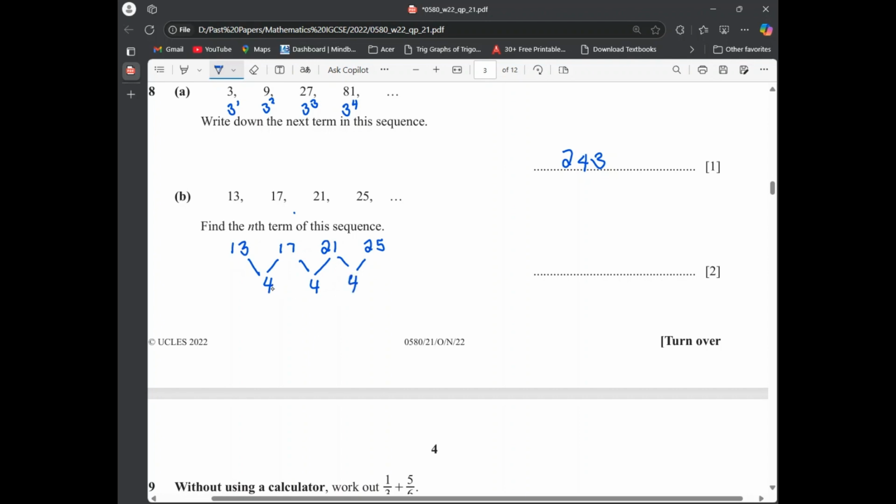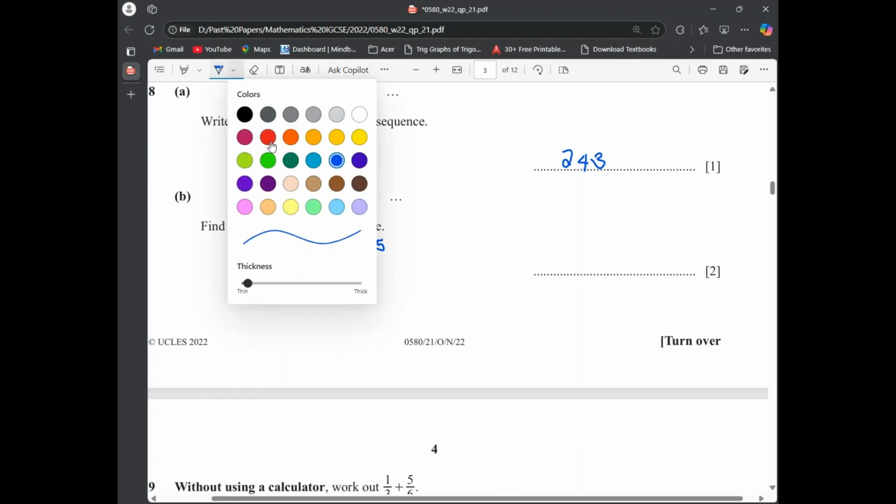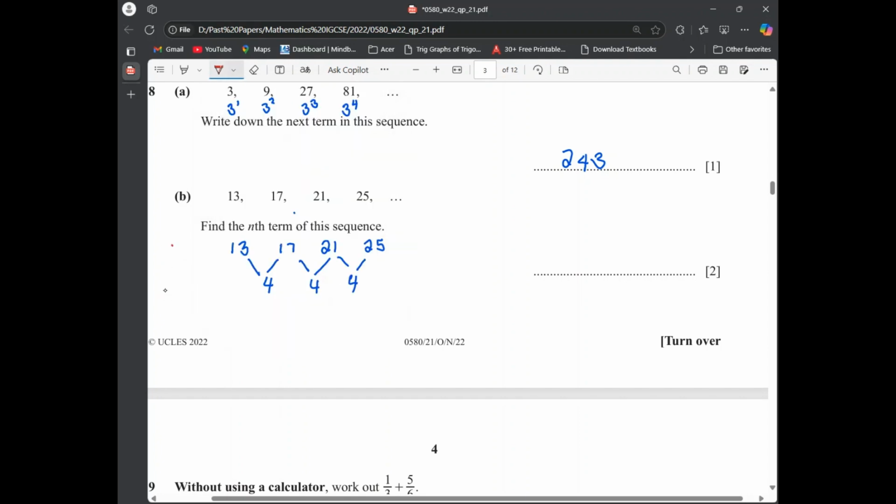So because the first difference is constant, therefore, this becomes a linear arithmetic sequence. The first difference is constant. So we can conclude that therefore, this is a linear sequence, right?